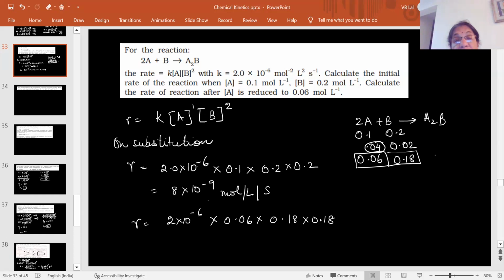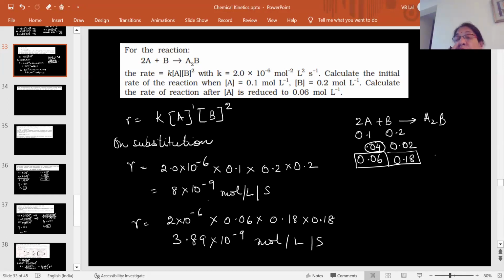Who will find the answer quickly? So the answer I found using a calculator is 3.89 into 10 raised to minus 9 moles per liter per second.